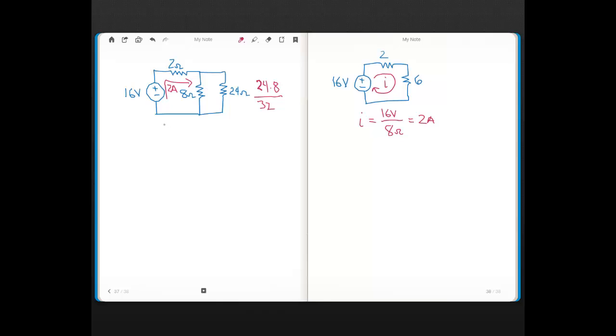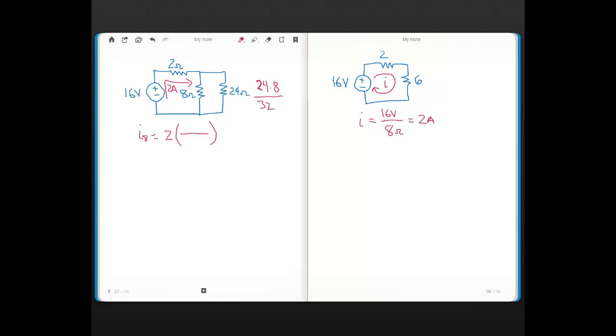And to find how that 2 amps splits up, we can use the current divider equation. So you see, I can find the current through the 8 ohm. It's going to be the 2 amps flowing into the parallel combination, and using the form of current divider that has a sum in the denominator and a value of resistor in the numerator, where the value of the resistor is the other resistor.